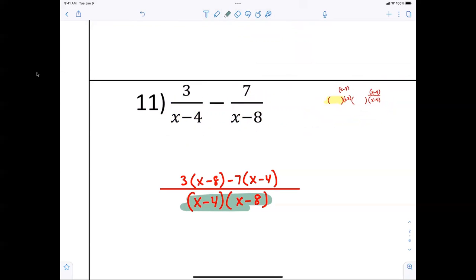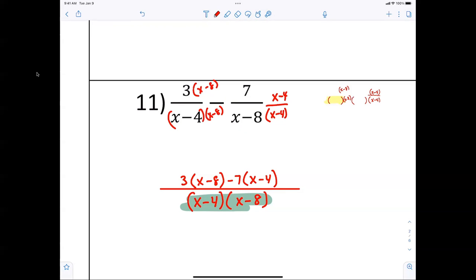So this fraction needs to have x minus 4 and x minus 8 as the denominator. It's missing which one? That's right. That's why I had to multiply this by x minus 8, and I had to multiply the denominator by x minus 8. On the second fraction, I'm missing a what? So I had to multiply the second fraction by x minus 4.